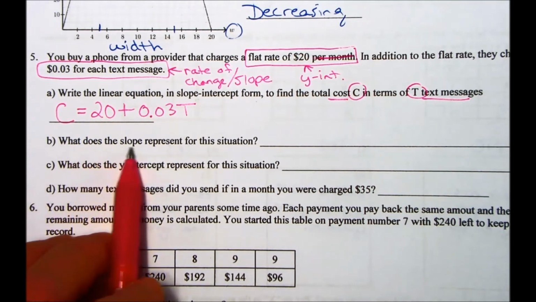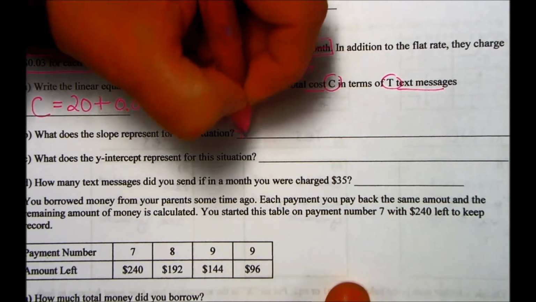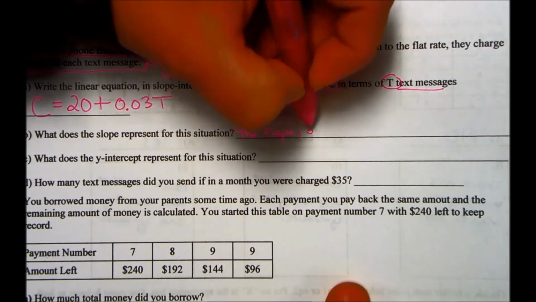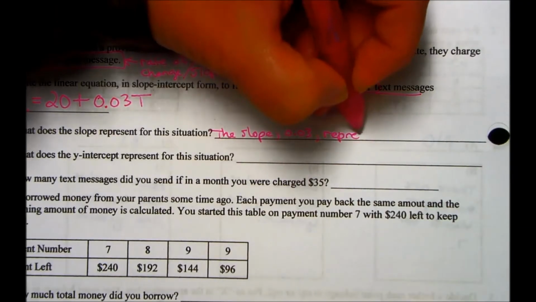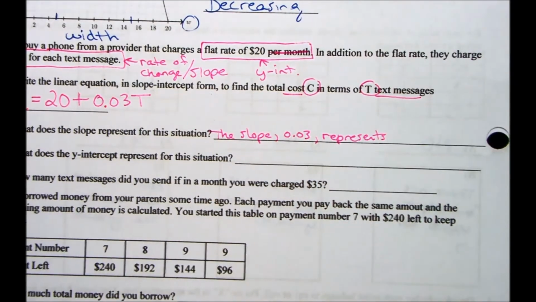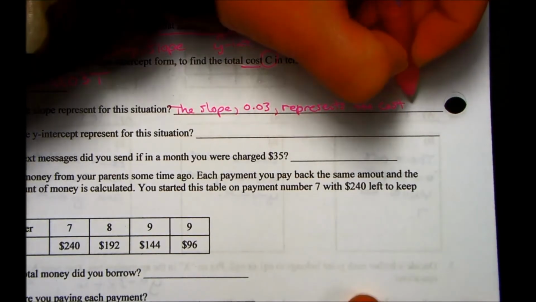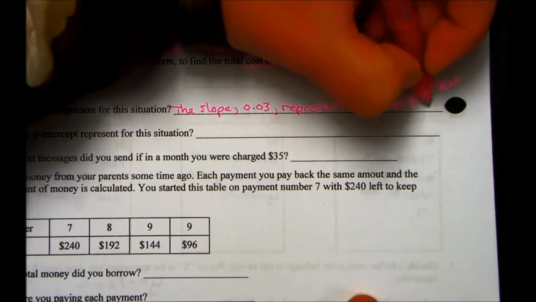So what does the slope represent for this situation? The slope, which is 0.03, represents the cost per text message.